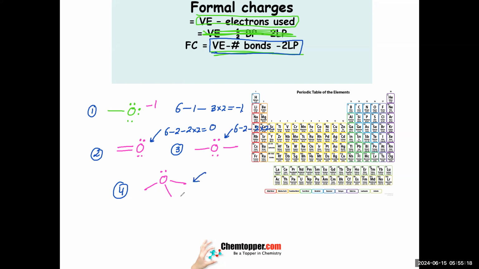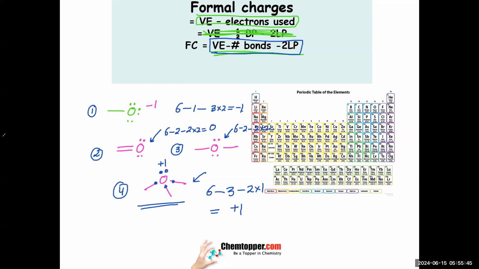In this case, how many valence electrons? 6. How many electrons are used in bonding? How many bonds? 3. How many electrons are there as lone pairs on oxygen? On oxygen it is 2 times 1. So what's the formal charge? +1.